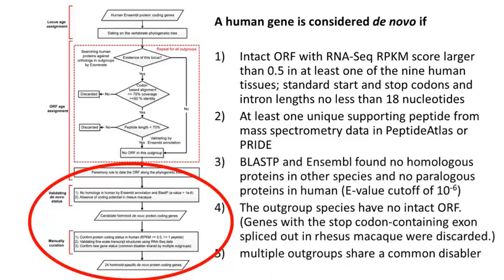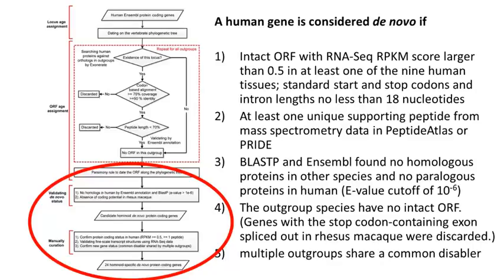Thirdly, we require that BLAST-P and Ensembl found no homologous proteins in other species and no paralogous proteins in human, using an E-value cutoff of 10 to the minus 6. Fourthly, the outgroup species should have no intact ORF.